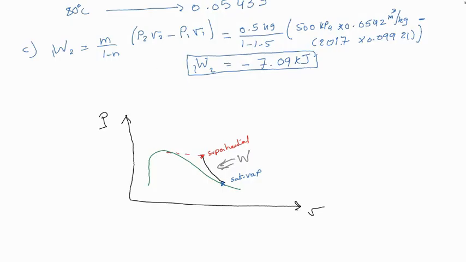The pressure value is 500 kilopascal, and the initial value we found was 201.7 kilopascal. We can also have an amount of heat transfer to the outside environment. So this is state number 1, and this was state number 2.